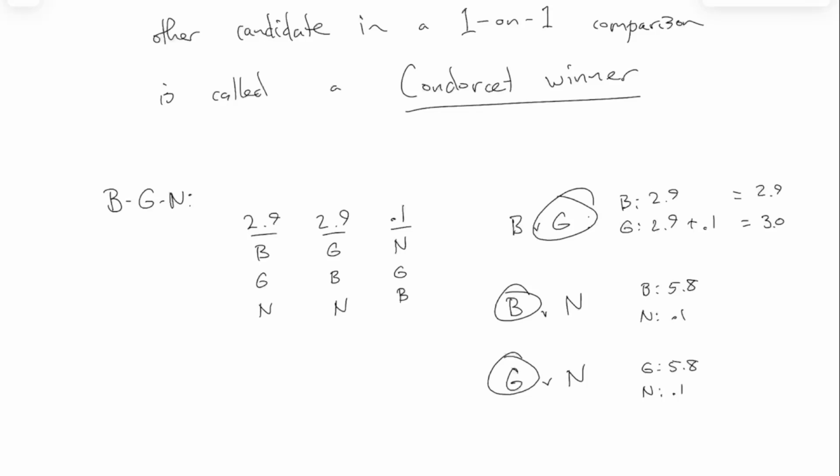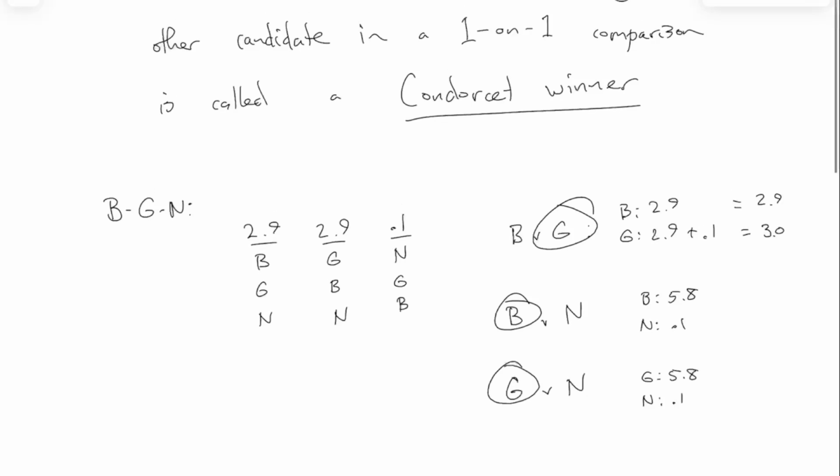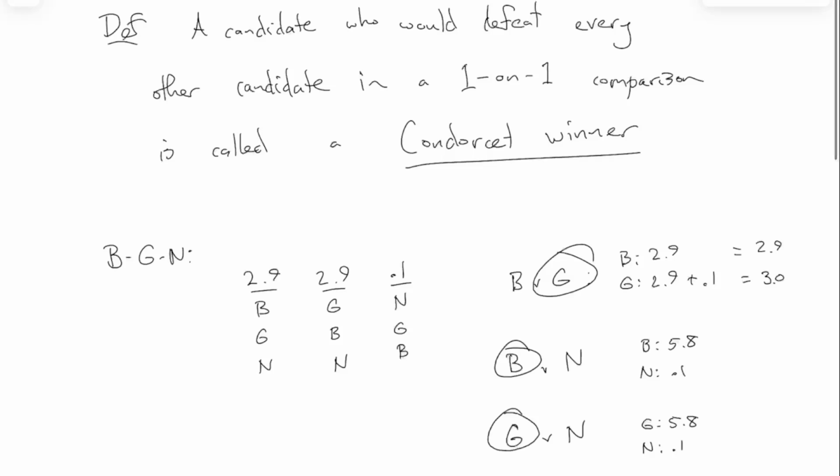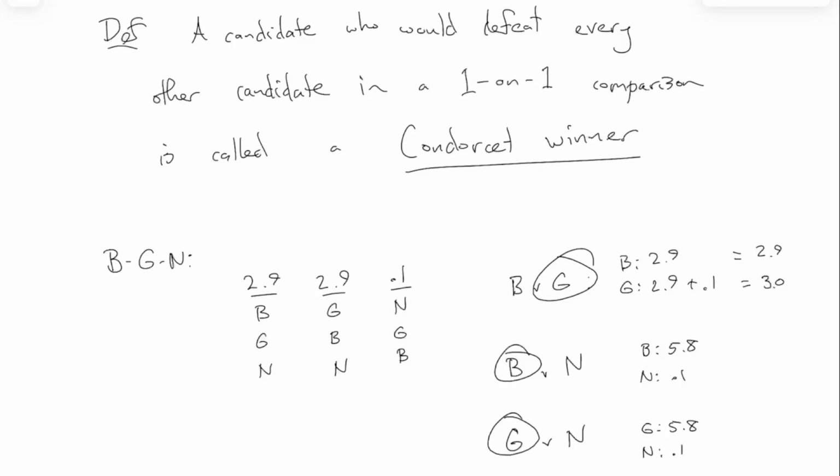But I will note, so what I'm talking about at the top there, a candidate who would defeat every other candidate in a one-on-one comparison. Actually, in this example, Gore fits that description. Because Gore versus Bush, Gore wins. Gore versus Nader, Gore wins. That means Gore versus anybody, Gore would have been the winner. All right. The fact that Bush won in this comparison is not entirely relevant because Gore is not even an option in that individual comparison.